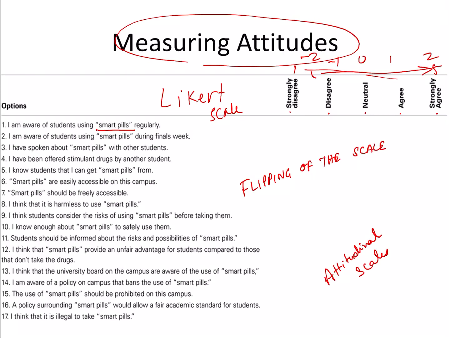What that means is one of these questions is a question in which if someone's consistently just picking strongly agree because they figured out that, well, if I say strongly agree it makes me sound like I'm approving the use of smart pills, or strongly agree makes me look like I'm completely non-sexist, and they keep picking that without necessarily reading or thinking about the question, that doesn't indicate their true attitude.